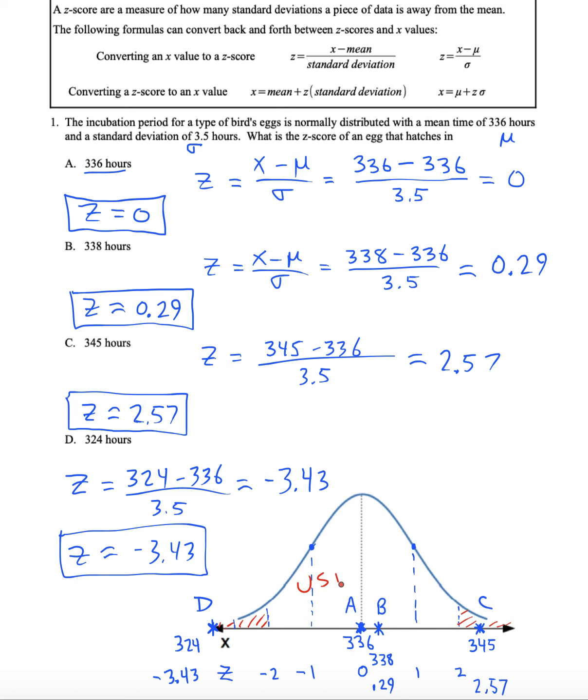Anything between negative 2 and 2 is usual. If we go beyond 2, then we're talking about something which is unusual. And if we go beyond 3 or beyond negative 3, then it would be highly unusual.